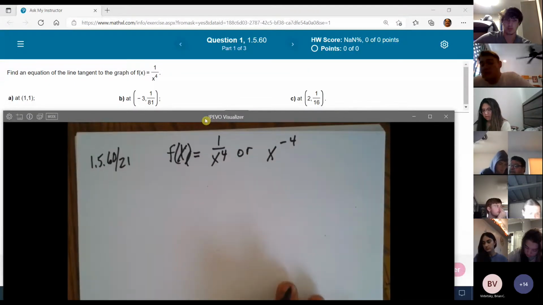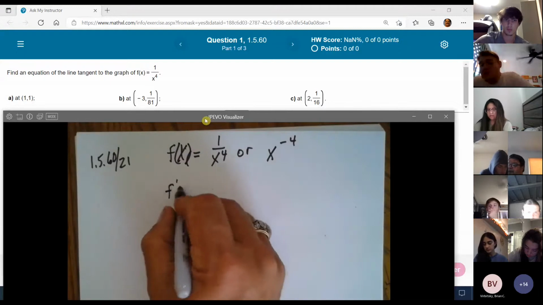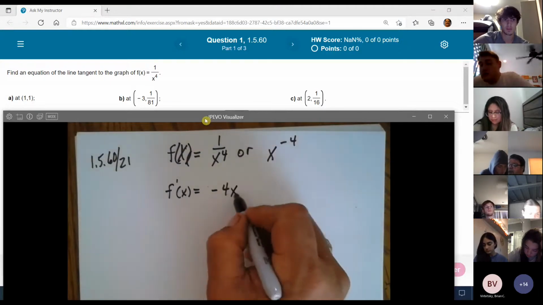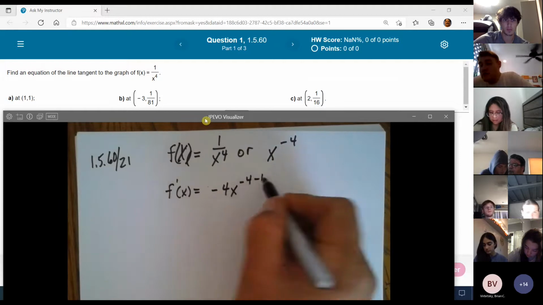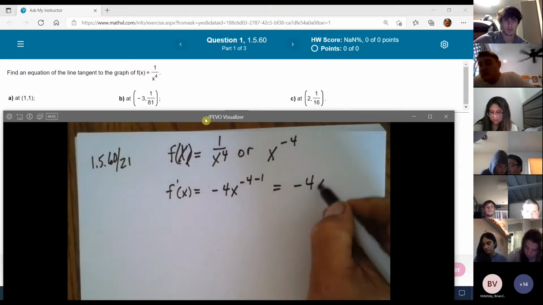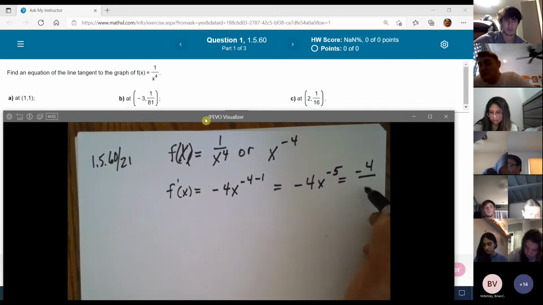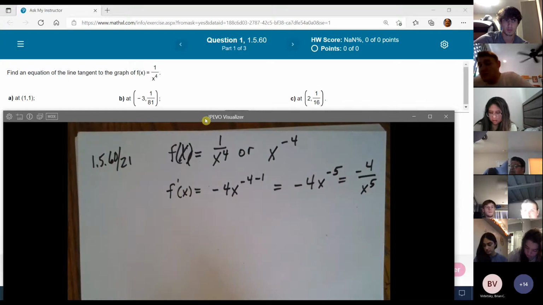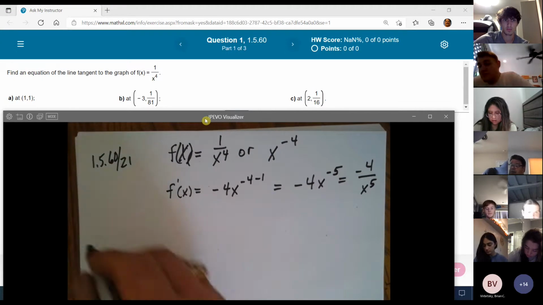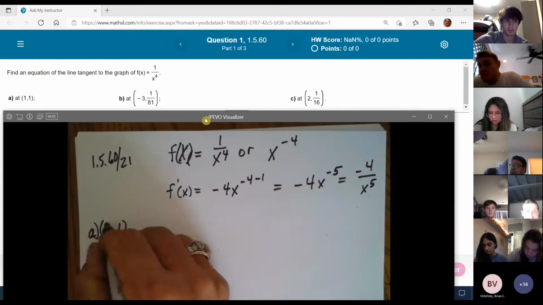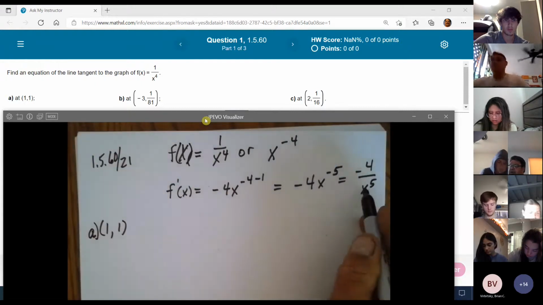So the derivative, f prime of x, is equal to negative 4x to the negative 4 minus 1, which is negative 4x to the negative 5, or negative 4 over x to the 5th. So I've got 3 lines. So at A, 1, comma 1.